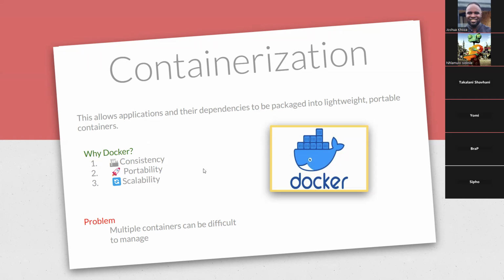But now think of it: if you have a specific system that contains multiple containers, you can picture it as a microservice architecture system. It can have maybe hundreds of containers running to accomplish that application's goal.